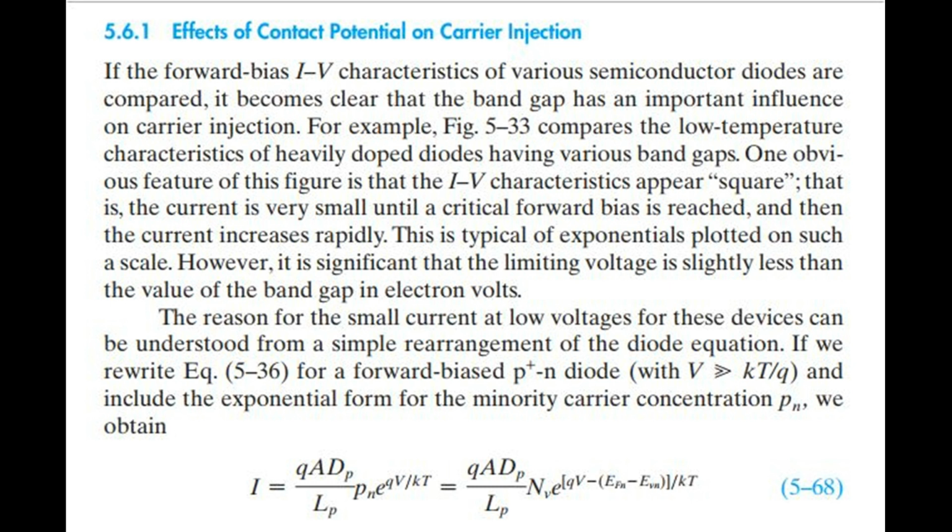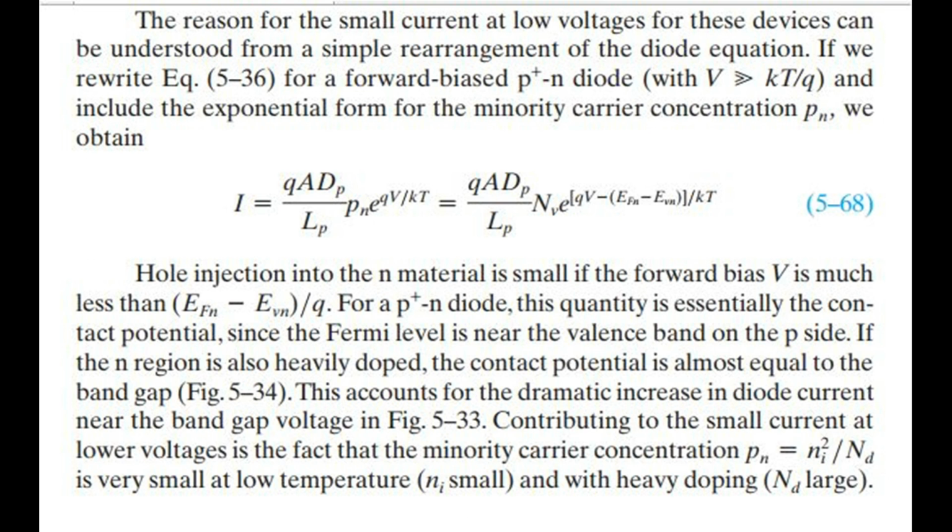The reason for the small current at low voltages for these devices can be understood from a simple rearrangement of the diode equation. If we rewrite EQ 5-36, for a forward-biased P+N diode, with V/q, and include the exponential form for the minority carrier concentration pn, we obtain: hole injection into the N material is small if the forward bias V is much less than (EFN - EV)/q.